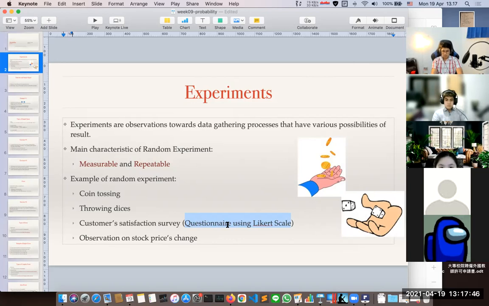You can give 5, showing that they gave a perfect explanation and perfect service, or maybe you think the service was not good enough, so you give 2, or even worse, 1. They cannot control this. So that's why this is also called a random experiment.